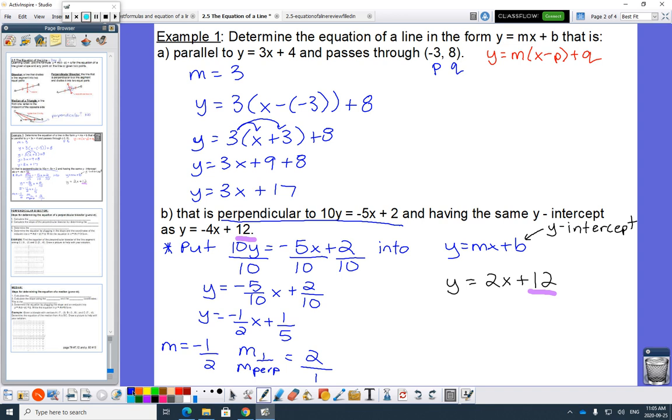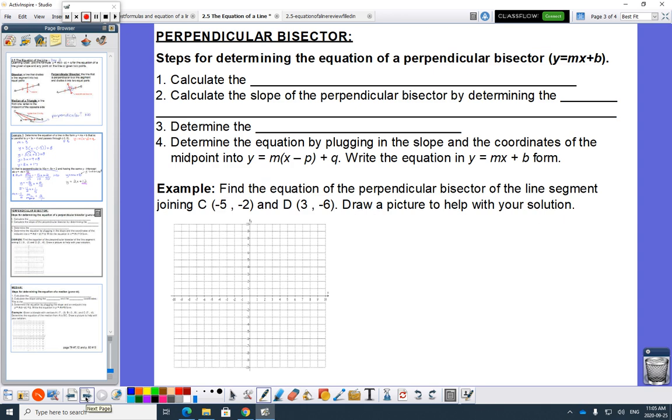Okay, so if you are a procedure kind of person, then we just did questions yesterday. We didn't really write a procedure, okay? So this will help you when you go to do the in-class assignment. So in order to find an equation of the line, we need slope and we need a point, right?